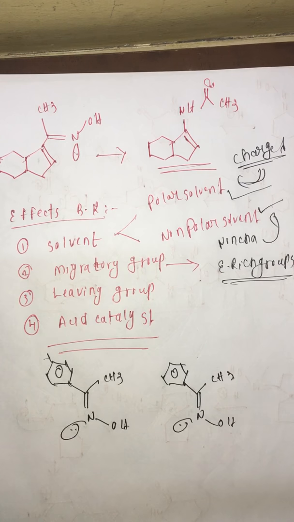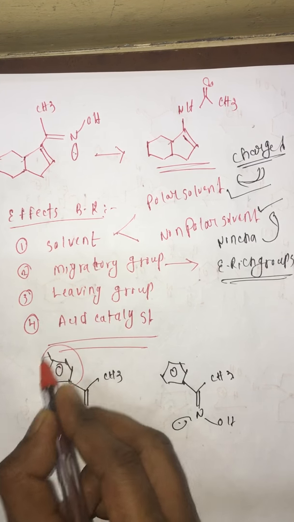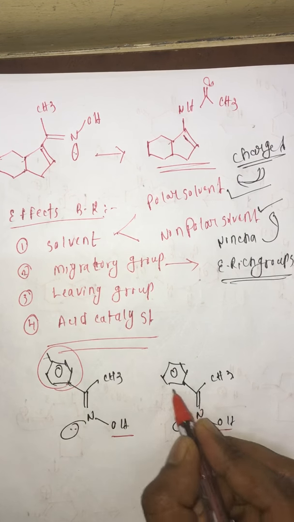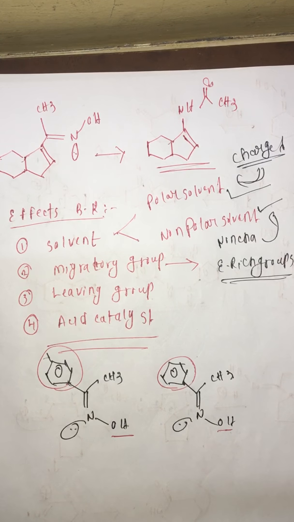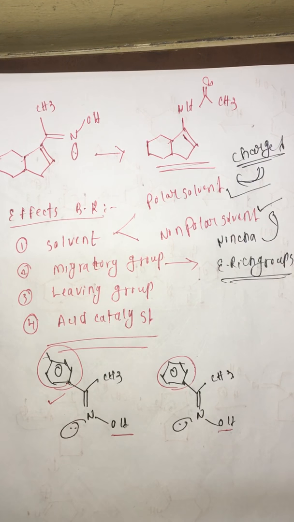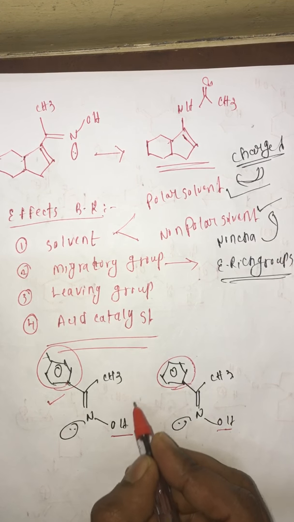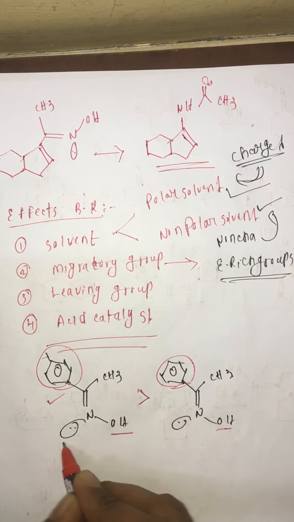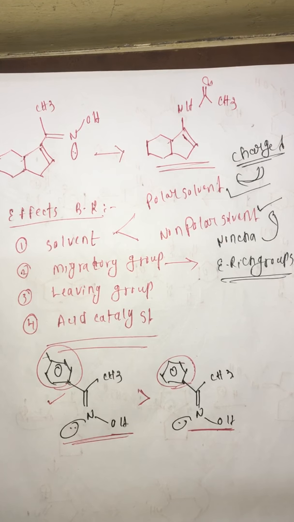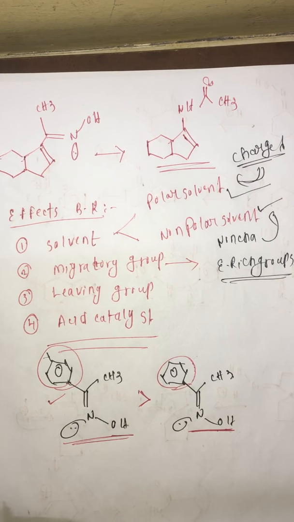Opposite to the OH, the toluene group is present here, and the phenyl group is present in the other. Now we need to see which one is more electron rich. Obviously the benzene with a methyl group is more electron rich compared to the phenyl group. Because of that, this reaction goes much faster compared to the other. So this is about the migratory group. This is faster compared to this one.